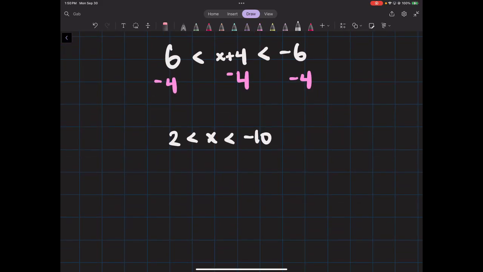Whatever number is in the middle, it has to be less than negative 10, but bigger than 2. Is there anything? No. So what do you say here?